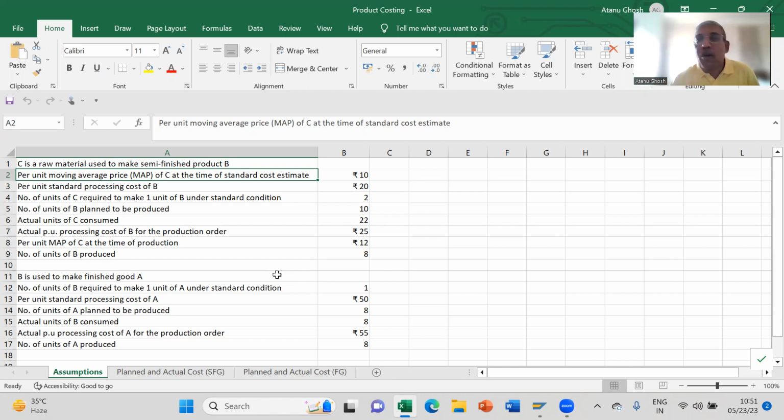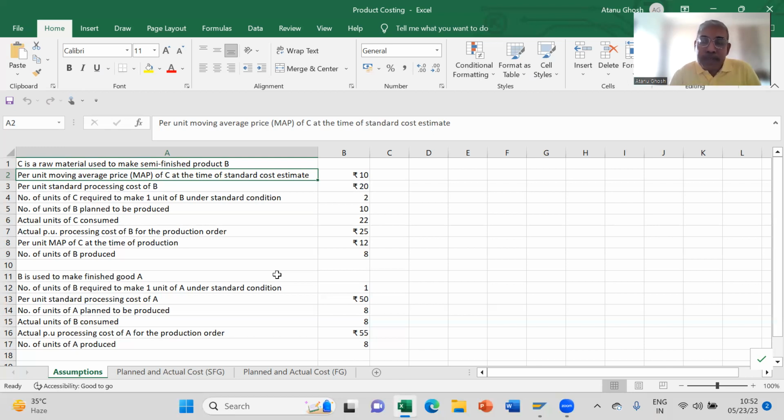That may be higher than the cost, that may be lower than the cost, but the cost will be based on the resources that are being consumed to make the product. So when I'm saying price here, it actually means the cost. SAP also uses moving average price or standard price in that sense, in the sense of the cost of the product.